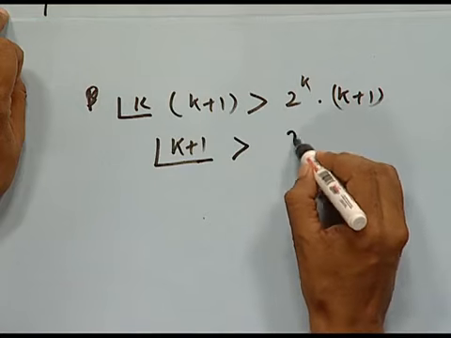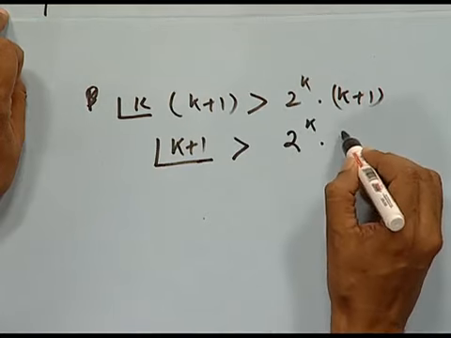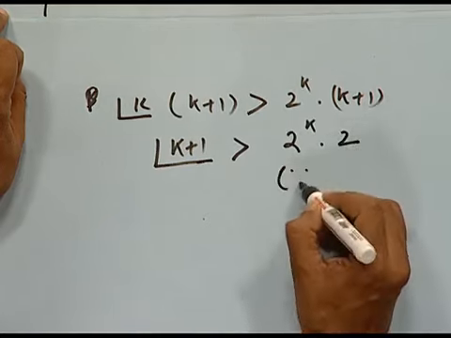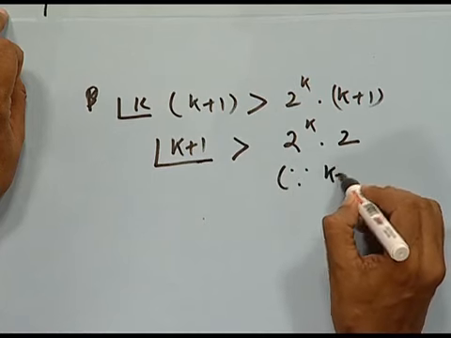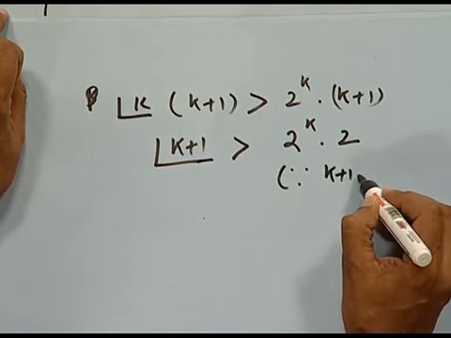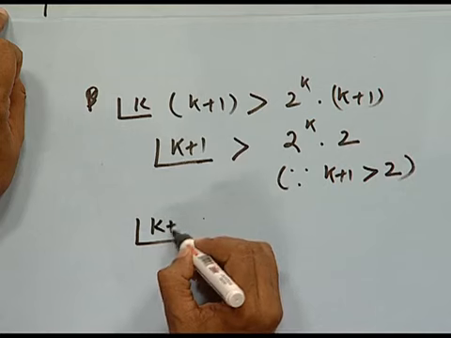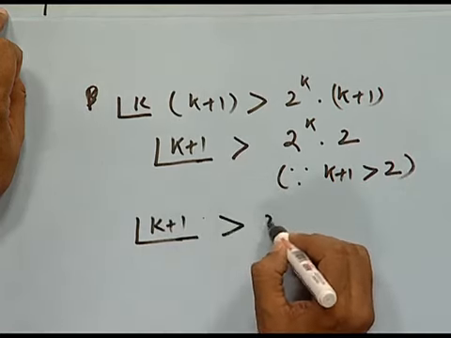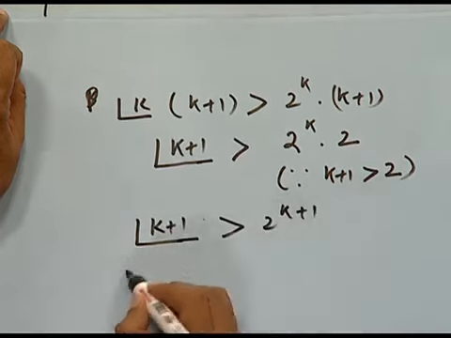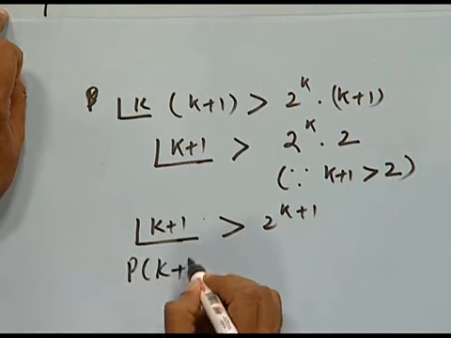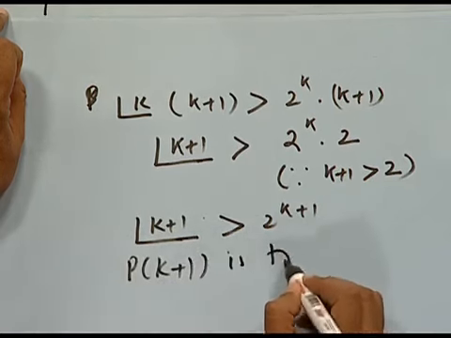Here we can write this as 2 raised to power k times 2, because k plus 1 is more than 2. Thus, we have factorial k plus 1 is more than 2 raised to power k plus 1, which means P(k plus 1) is true.